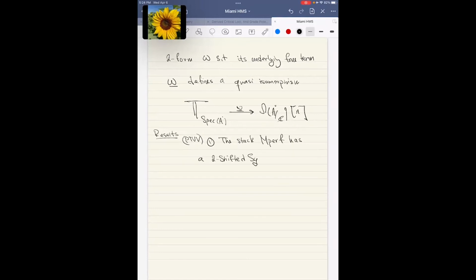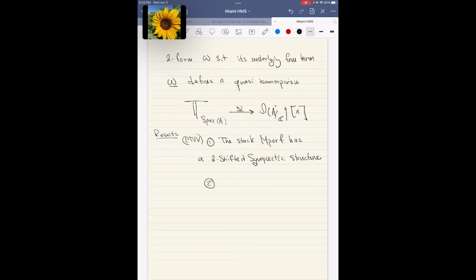Meaning that when you realize this stack as a derived DG stack, over it you can have a homotopically closed derived form whose underlying free term induces such a quasi-isomorphism shifted by 2. So shifted symplectic structure. So this is the first result.